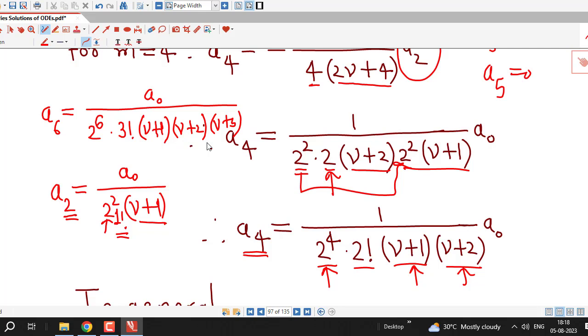So in general we can write down the general term corresponding to this. So what we can see here, here we have A2, A4, A6.